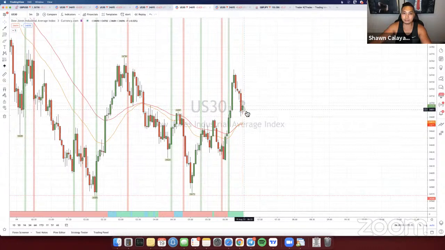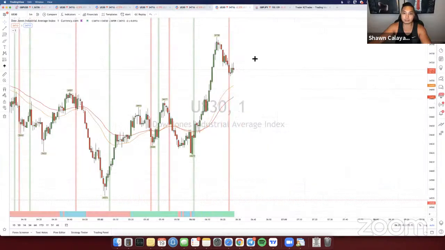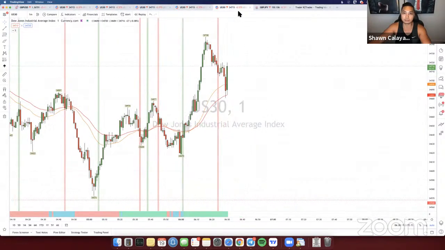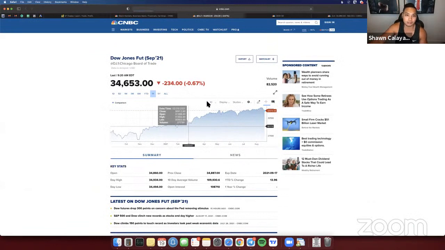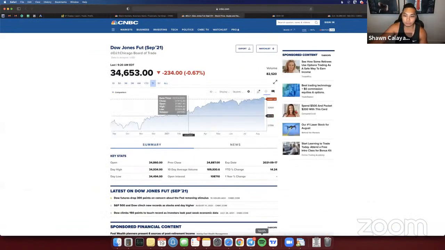For this candle right here, in order for us to take a buy, we need a strong bullish candle, so a green candle with little to no wick on the top side. If we're looking for a sell, we need it to close below here with the sell signal. If it comes up with an invalid signal, then no. Yeah, we're looking for either a bullish confirmation or a bearish confirmation. Looking over here on the daily chart, it's down 234 points.